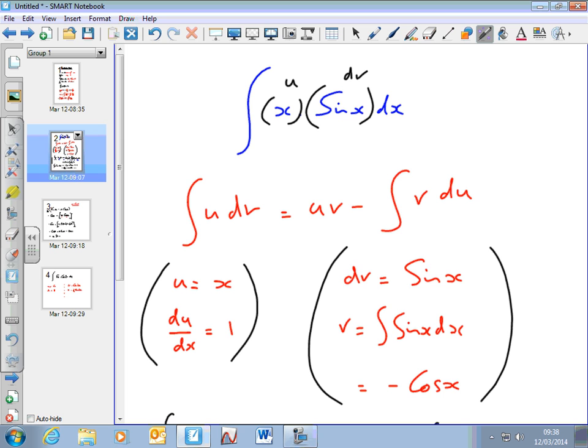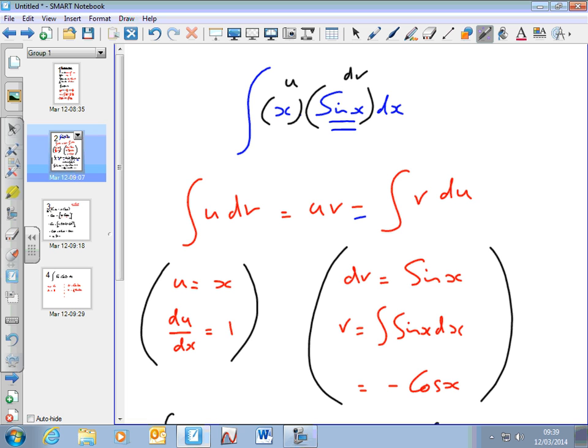If we now look at our formula for integration by parts, the integral of u dv, I let that equal u and this equal dv, then the integral of x sine x, which is what we want, equals u, which is x, times v. Well, if dv is sine x, v must be the integral of that. So whatever we call dv, in this case sine x, we must integrate to get v.